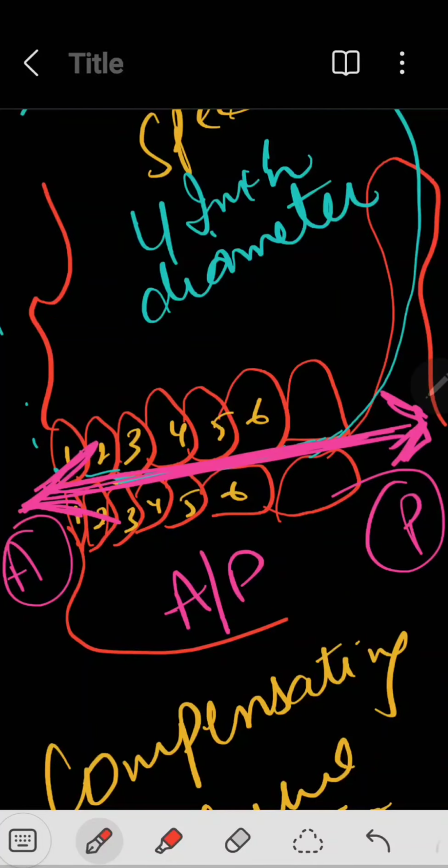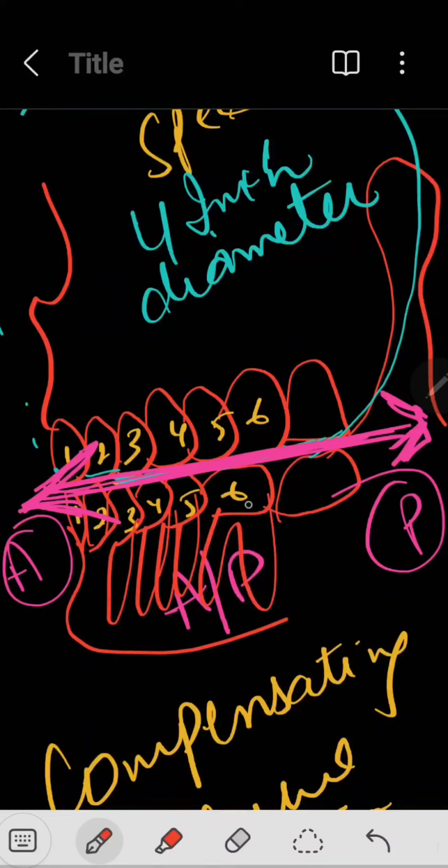One thing I forgot to mention about the importance of curve of Spee. The curve of Spee says that the long axis of each lower tooth is aligned nearly parallel to its individual arch of closure around the condylar axis. So basically what it means is, there is canine, there are premolars, there are molars.